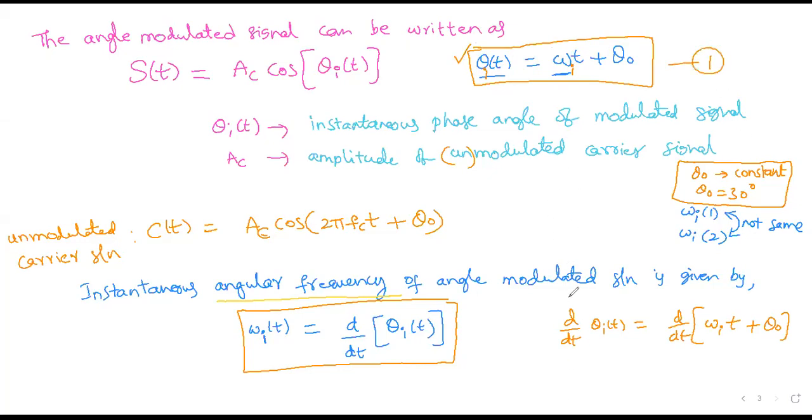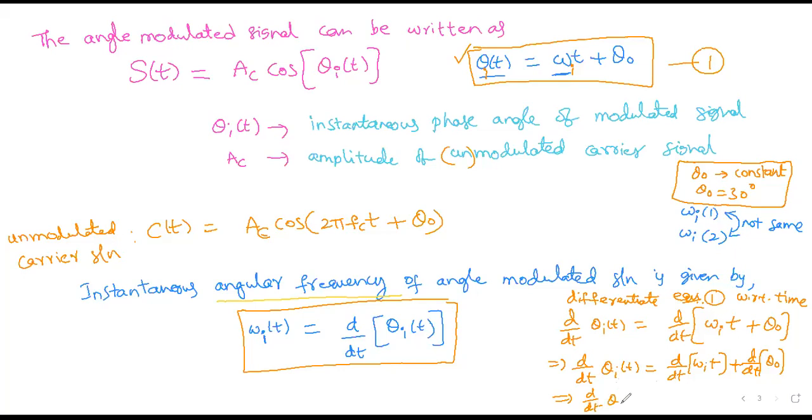So differentiate equation 1 with respect to time. Now what do you get here? Left hand side I write the same thing, d by dt of theta I of t, equal to, on the right hand side you can separate the terms: d by dt of omega I t plus d by dt of theta naught.